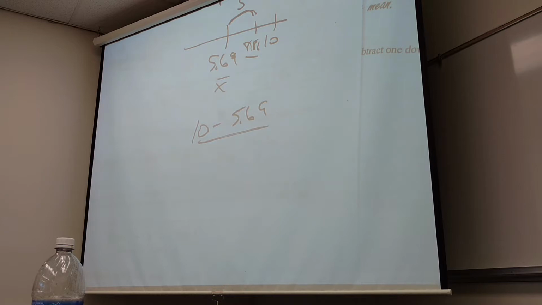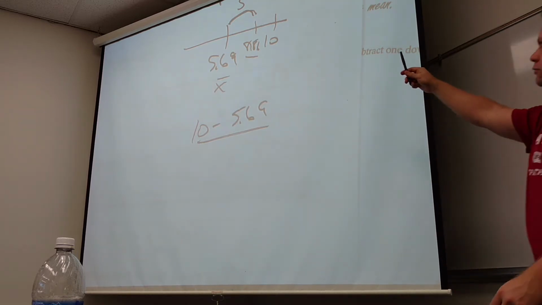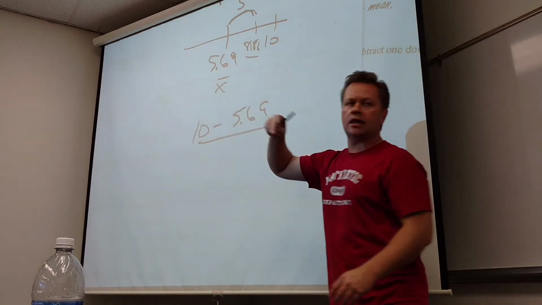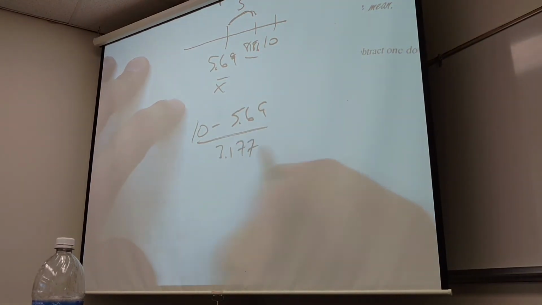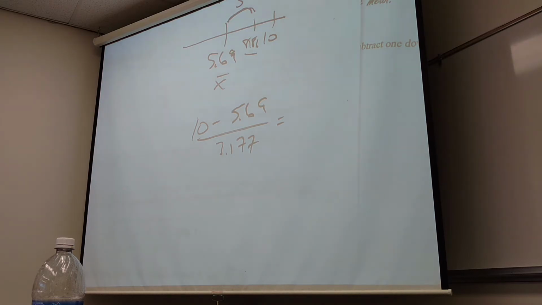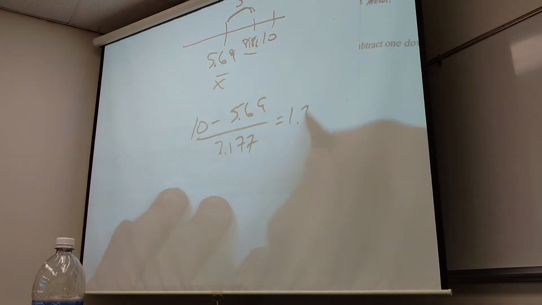So if I had to go 8 feet, and every step I took was 2 feet big, how many steps would I take? 8 divided by 2, I take 4 steps. So I want to go this far. Every step I take is this big. So how many steps would I take? 1.36.